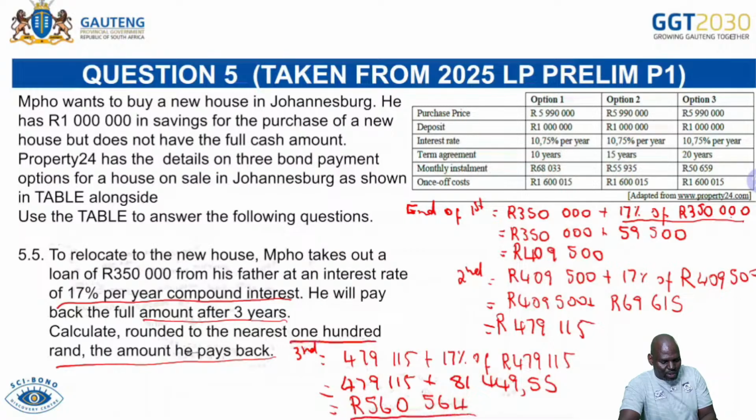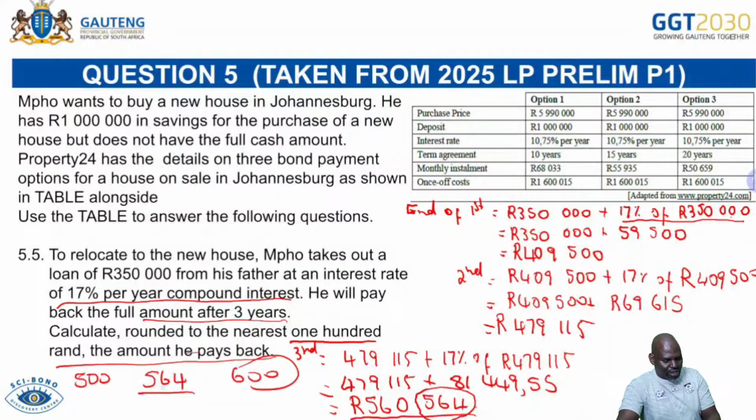Now they say to the nearest 100. To the nearest 100, we now have to look at that 564 rand. For this number to be divisible by 100, it means it is between 500 and 600. Is it closer to 500 or closer to 600?